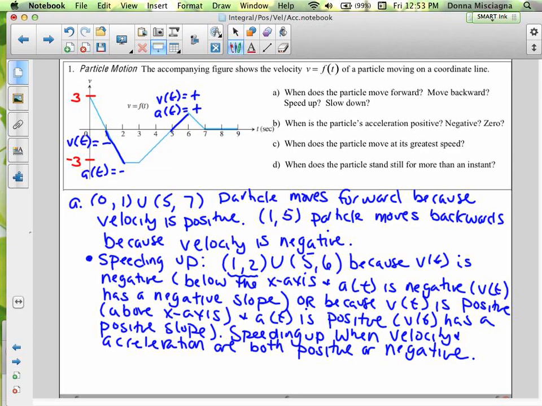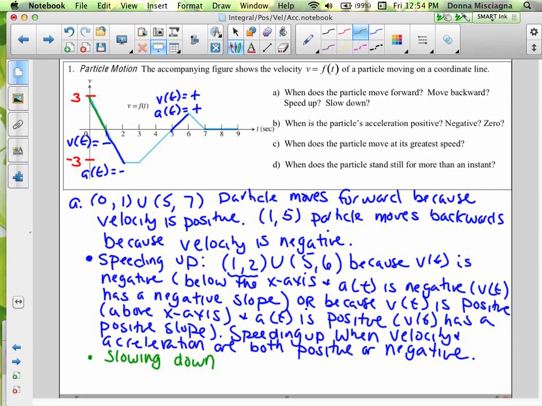Let's put a green dot next to slowing down. It's going to be slowing down here from 0 to 1, and here from 3 to 5.